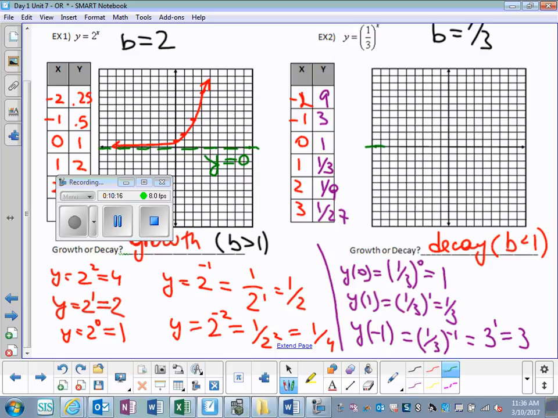So my horizontal asymptote will be the x-axis, and then my point 0, 1, and then negative 1, 3, 9. Questions? So far, so good.